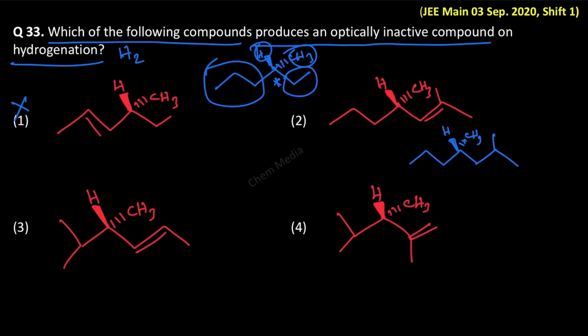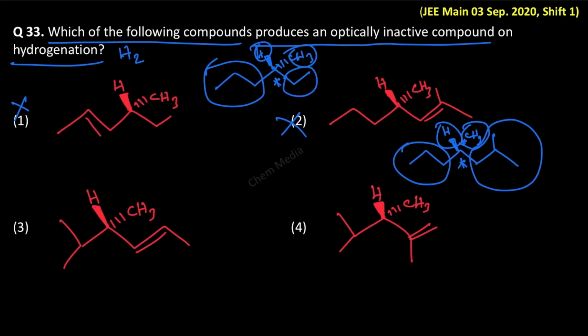This means this would still be optically active because we have a chiral center at the 4th position: we have a propyl chain, then another chain with a methyl group, and then a methyl group, and then a hydrogen. So therefore it would be optically active. Therefore 2 is not our correct choice.